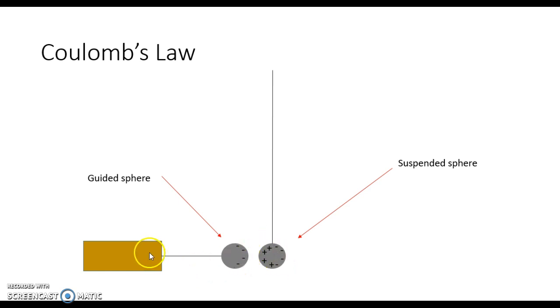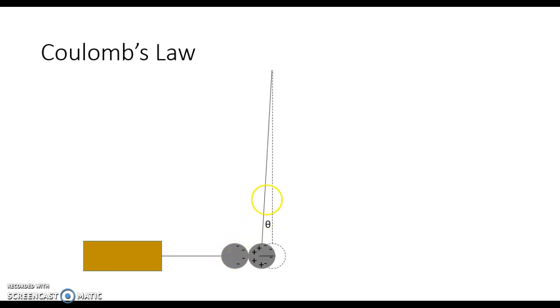Now, given that this is a scenario and we're moving this sphere in here, the suspended sphere is going to be attracted towards the guided sphere here, and they're going to end up touching. And so after they touch, the suspended sphere is going to pick up 2 of the negative charges from the excess 4 negative charges that were on the guided sphere.